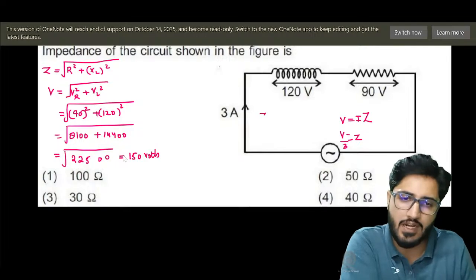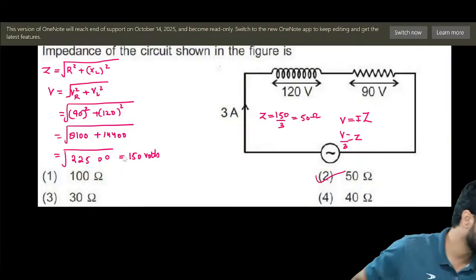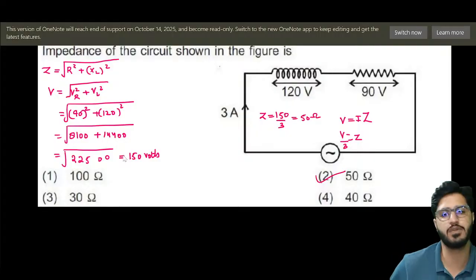So I can write Z equals to 150 divided by 3, it equals to 50 ohm. So my answer is 50 ohm.